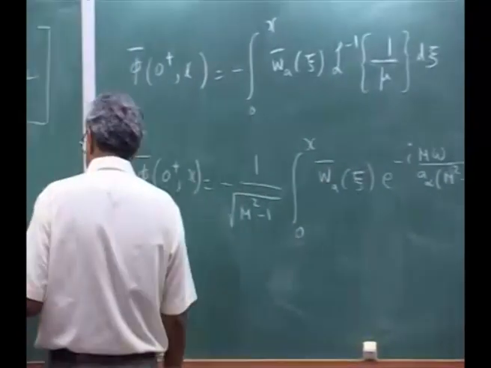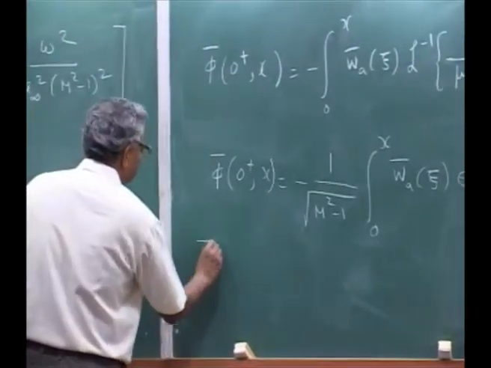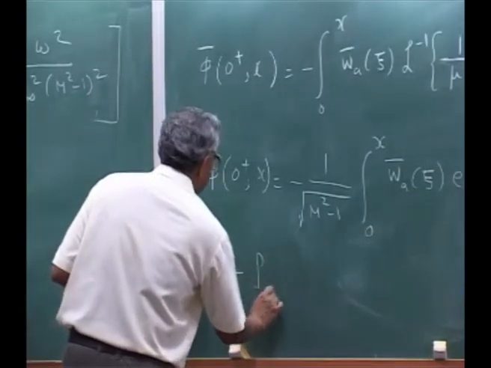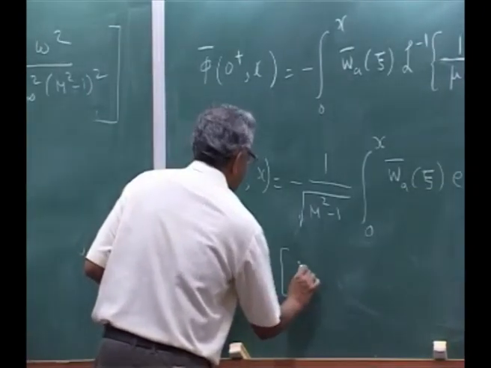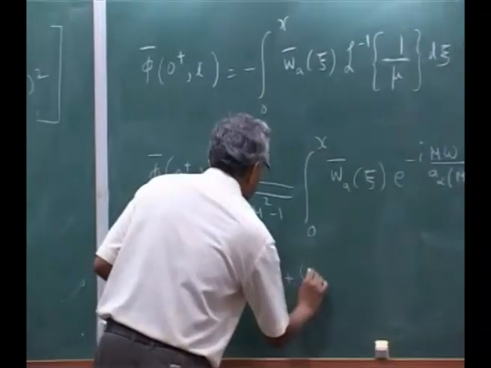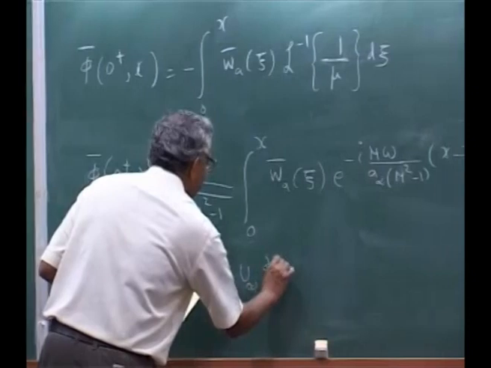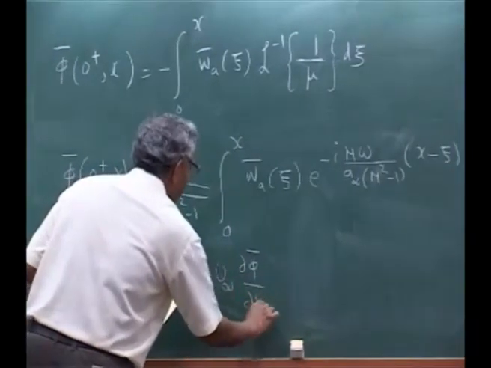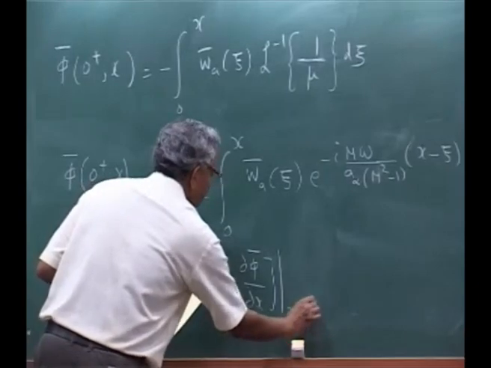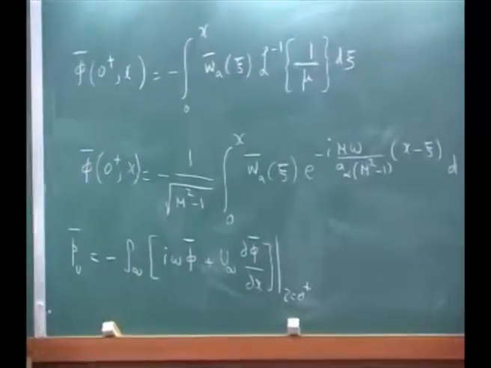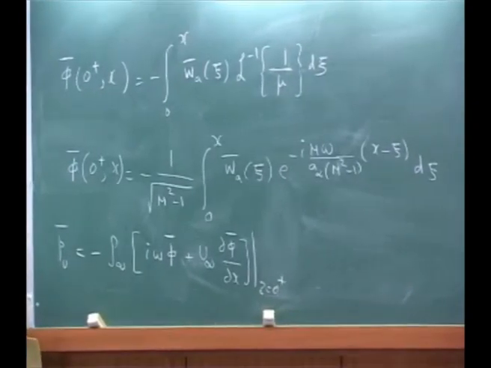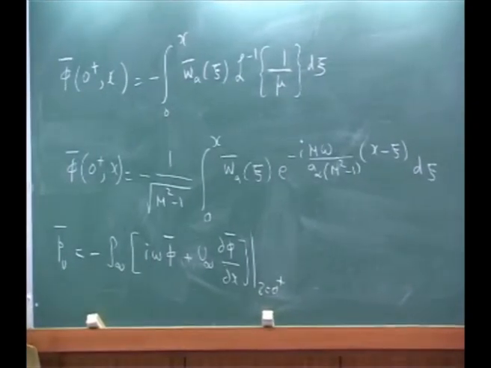Now pressure P bar upper is nothing but minus rho infinity I omega phi bar plus u infinity delta phi bar by delta x at z equals 0 plus. Then we will subtract this, we will multiply by 2, you will get the upper minus lower pressure.